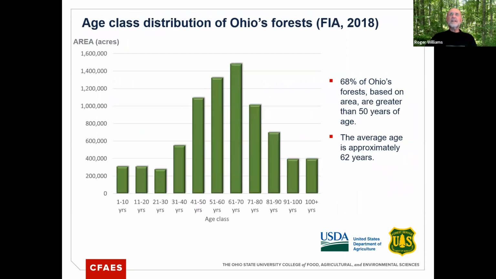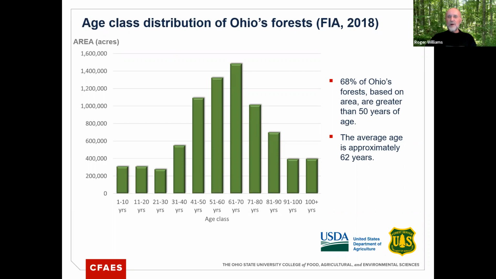Now, speaking of forest age, I thought I would show the age distribution of our forests here in Ohio. This is based on FIA data from 2018. As I pointed out, age is a contributor to the carbon dynamics, with younger forests sequestering more carbon per year and older forests containing more carbon stocks.